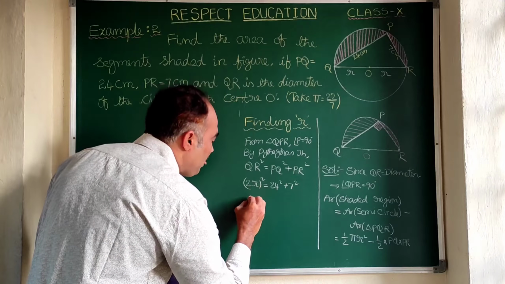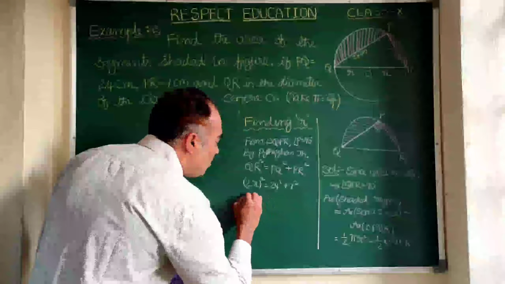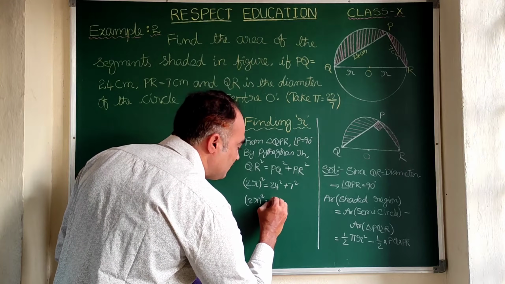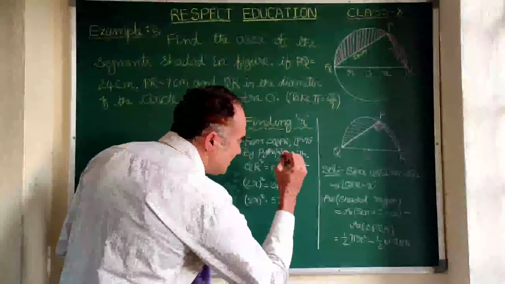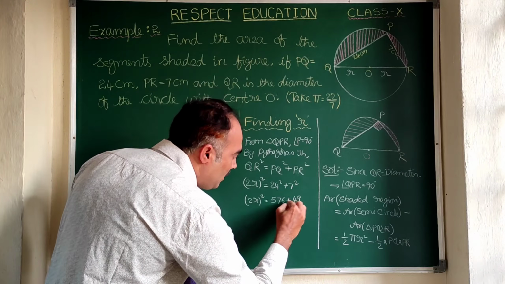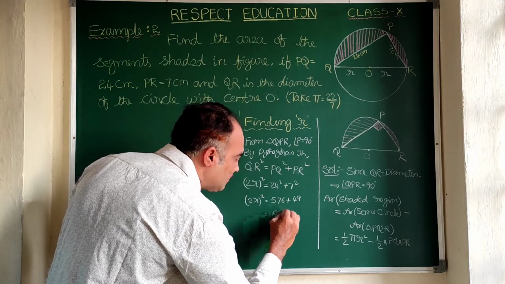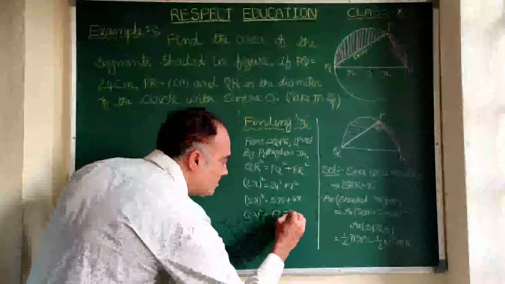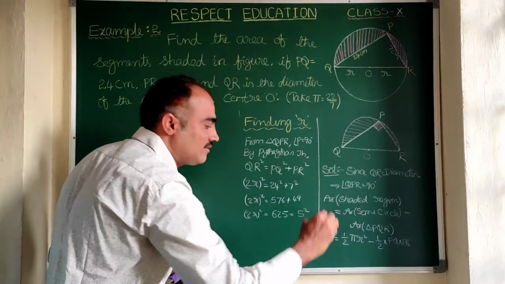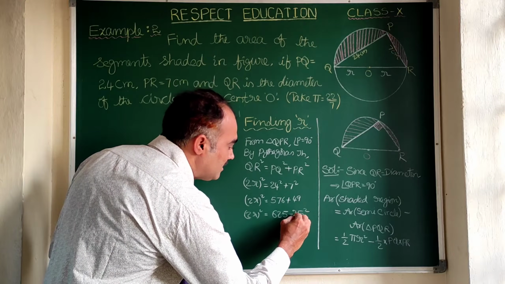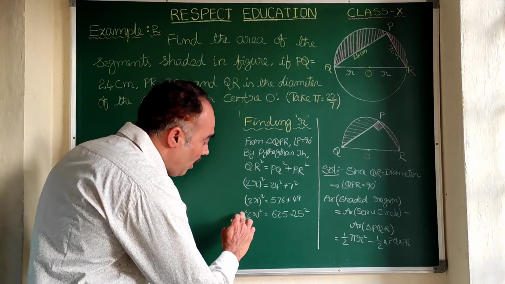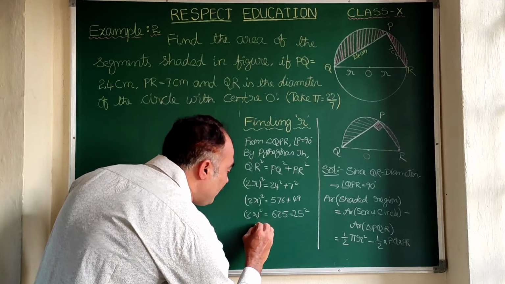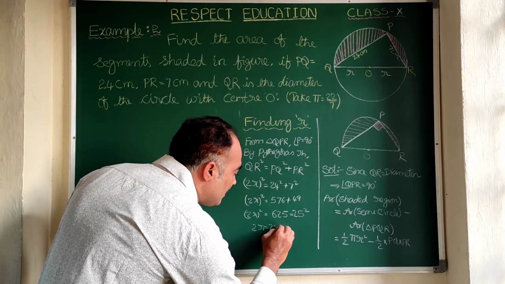So let us simplify. Here 2R whole square is equal to 24 square, which is 576, plus 7 square, which is 49. On adding these two, we get 625. This is 2R whole square. 625 can be written as 25 square. On taking square roots on both sides, 2R will be 25.